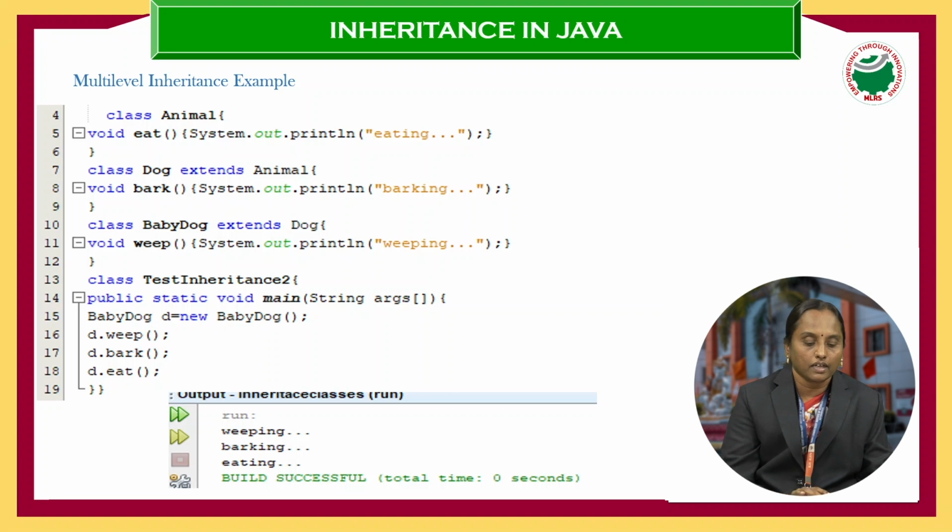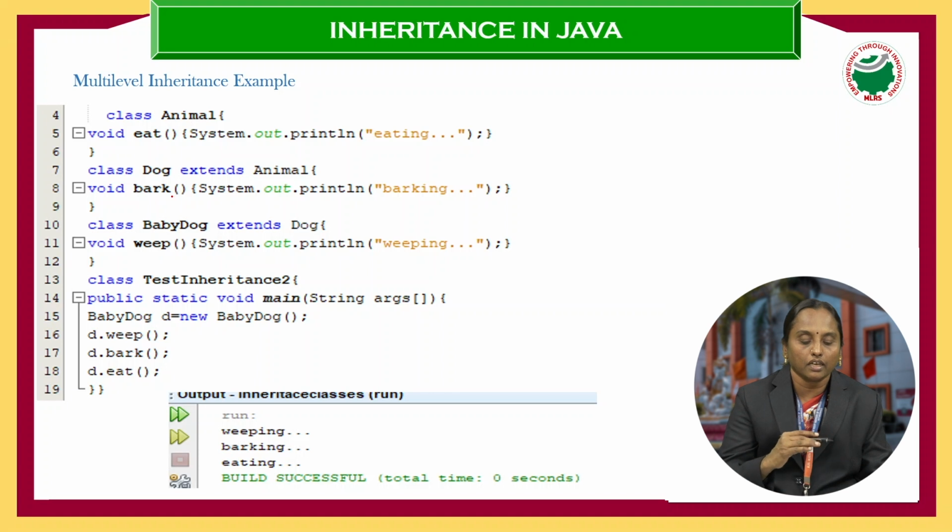In dog class, we create one user-defined method, that is the bark method, which displays the message barking. Next one, class BabyDog extends Dog. So for dog class, the superclass is animal. For baby dog class, the superclass is dog class.